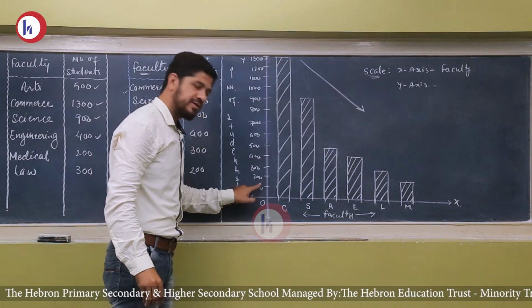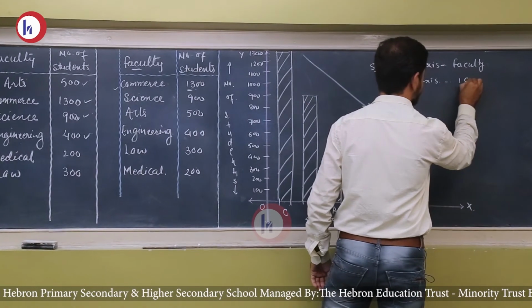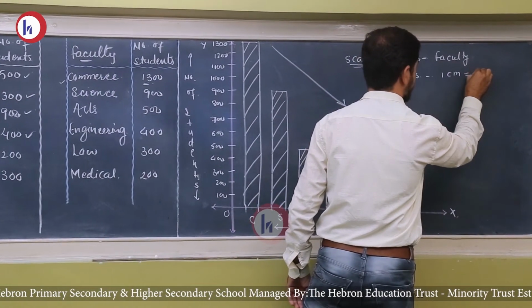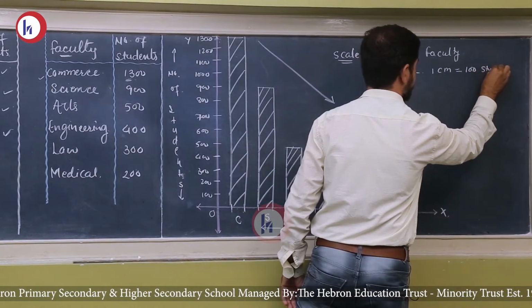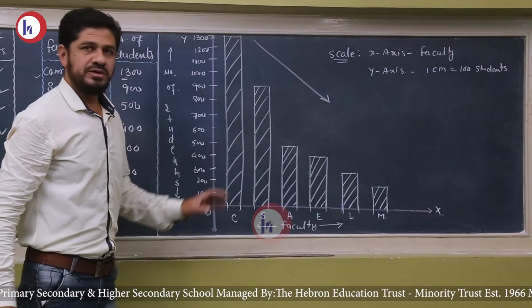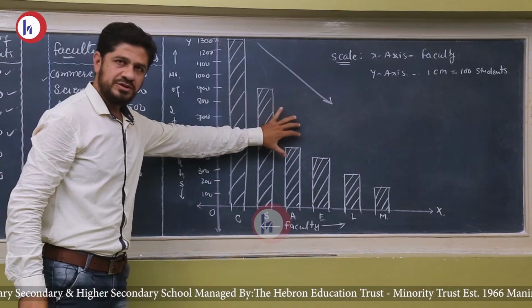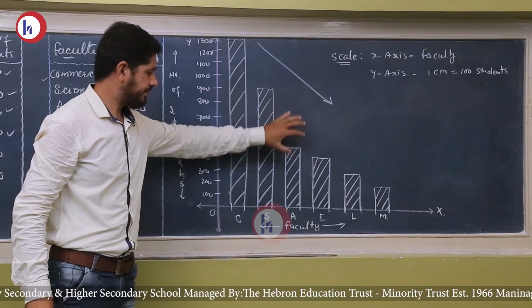For each centimeter, there are 100 students. So we will write like this: 1 centimeter is equal to 100 students.